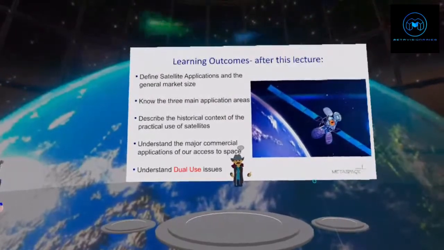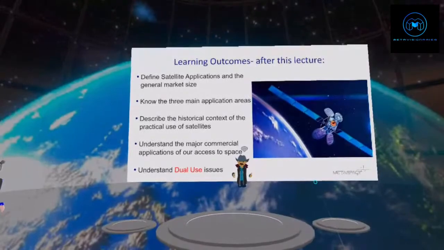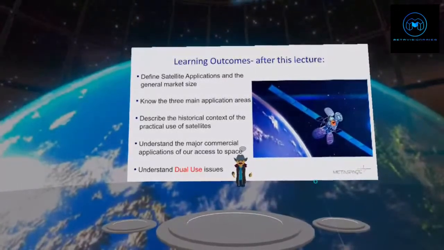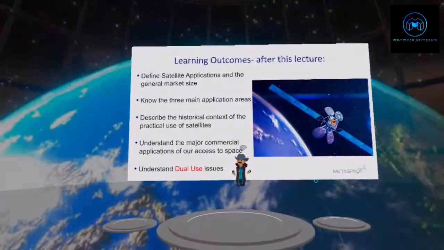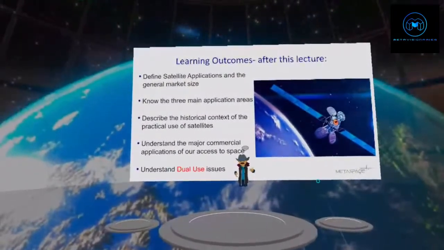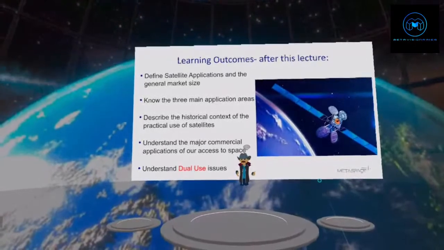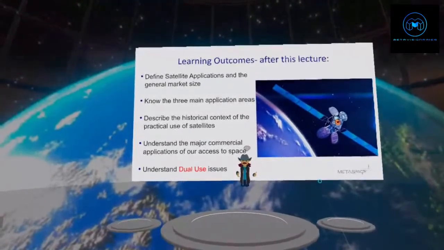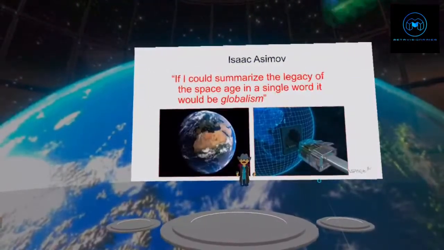All of these satellite applications are what we call dual use technologies. And this makes things somewhat complicated in terms of issues like international cooperation, technology transfer, and things like that.